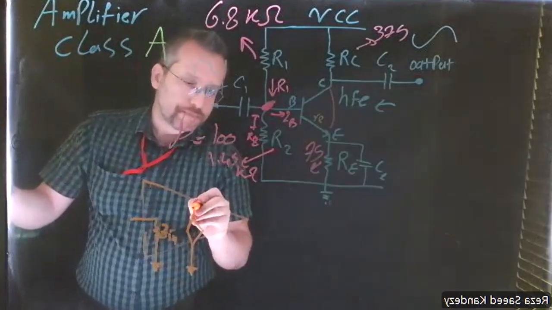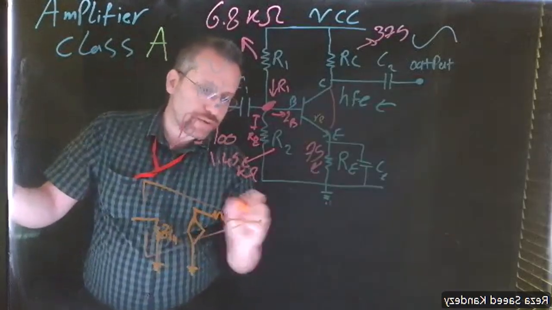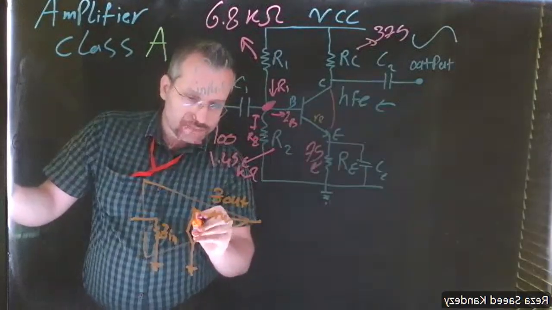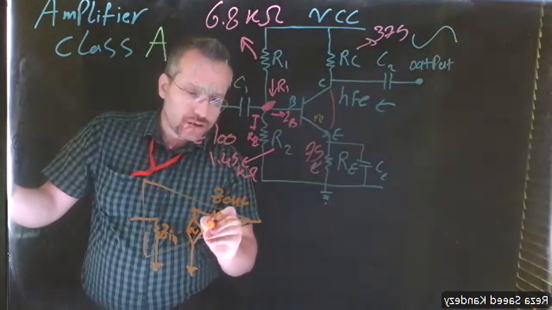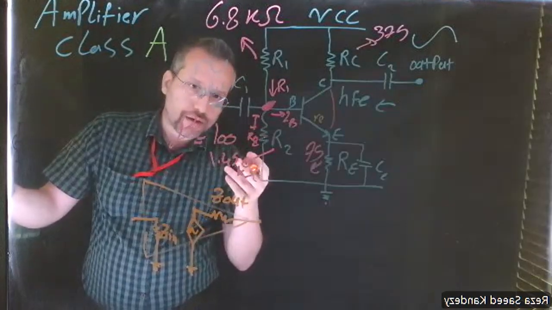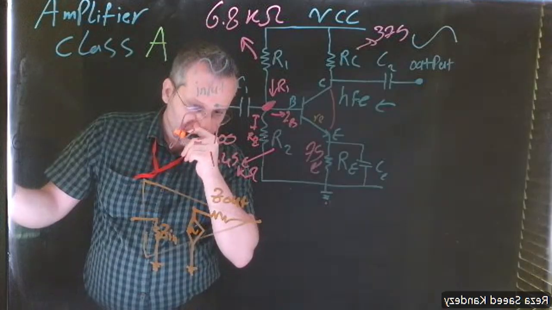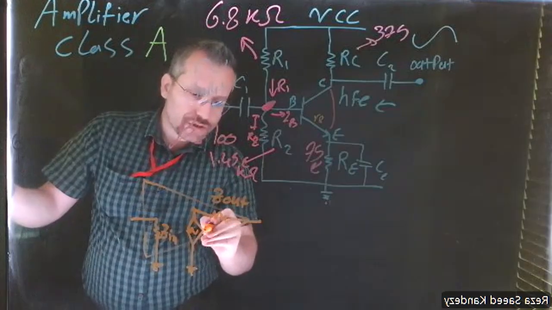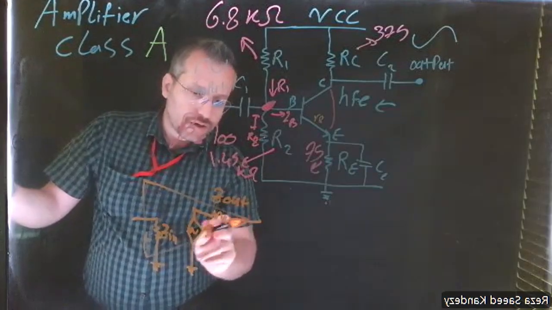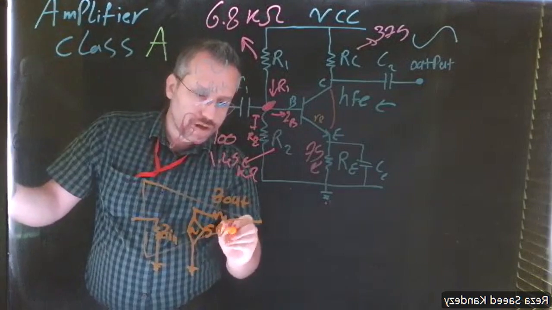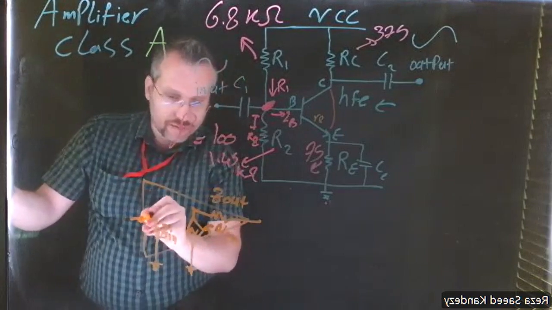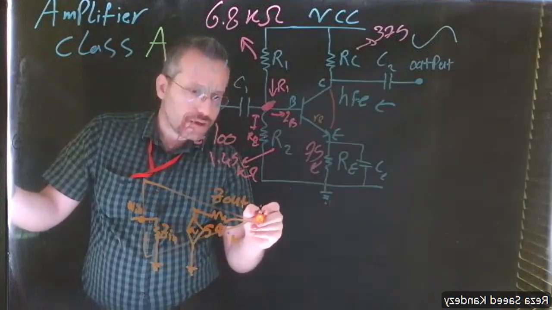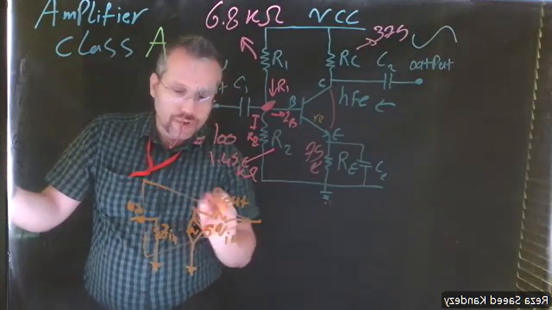Okay, and the output impedance, Z out, and we know that the gain is 5, so it's gonna be 5 times the V of in. This is the V of input, okay?